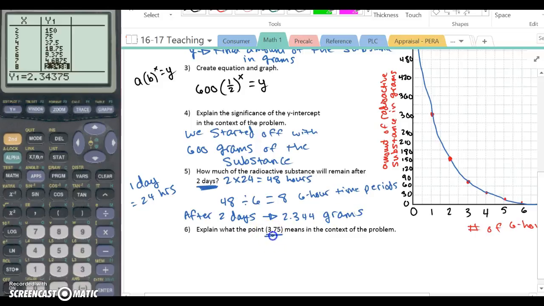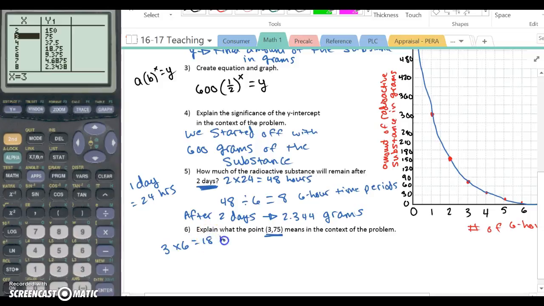Okay, this one's a little tricky as well. 3.75. Explain what that means in the context of the problem. So 3.75. Let's verify that is a point that's going to be on our curve. This means after 3 time periods, I will have 75 grams. But we can be a little more specific than that because after 3 time periods, each one is 6 hours.